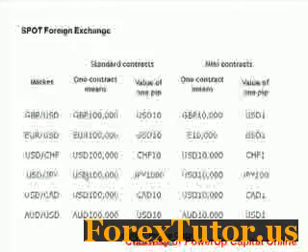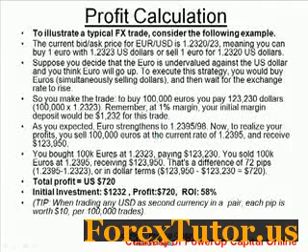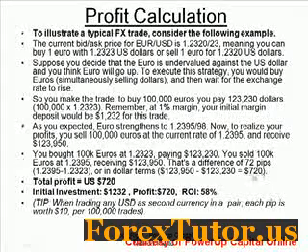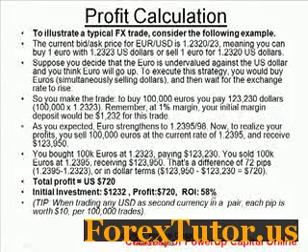Since we are doing a standard contract, the value of 1 pip for Euro US is $10. So if you make 72 pips profit, you're making a profit of $720, which is what we calculated here. So your profit is 720, your deposit is 1,232, and 720 divided by 1,232 is a 58% return.